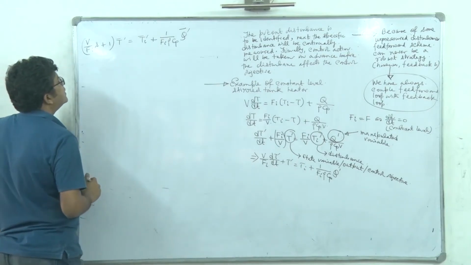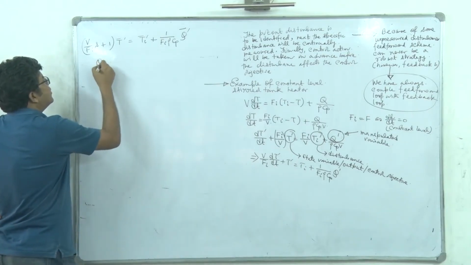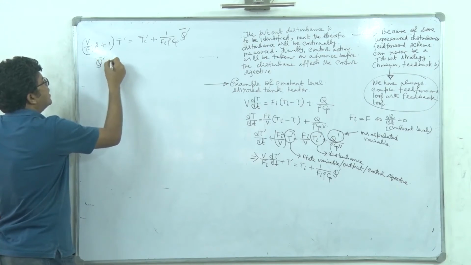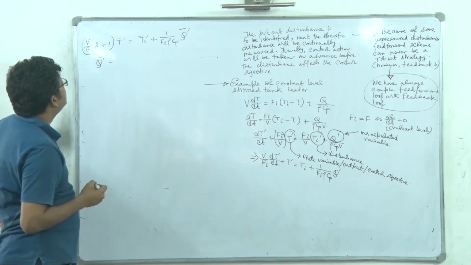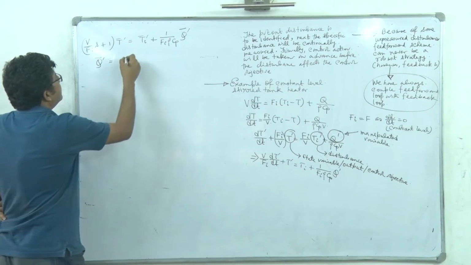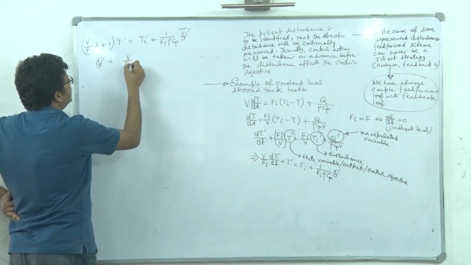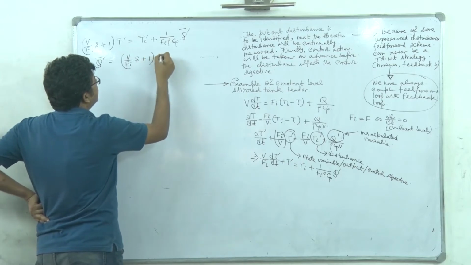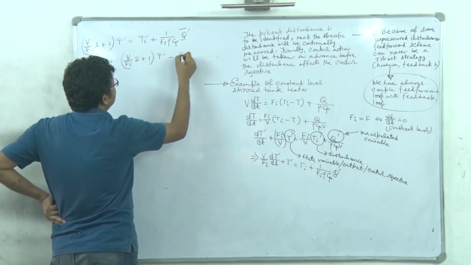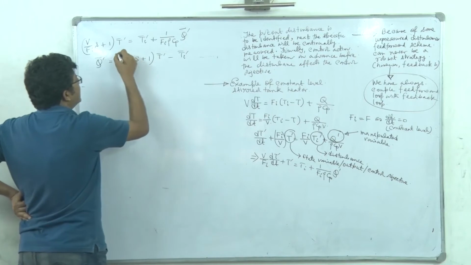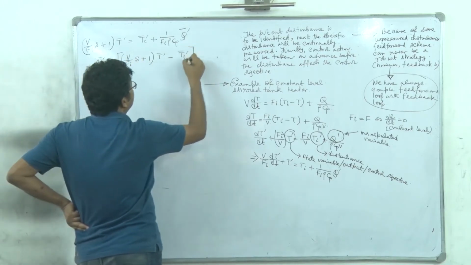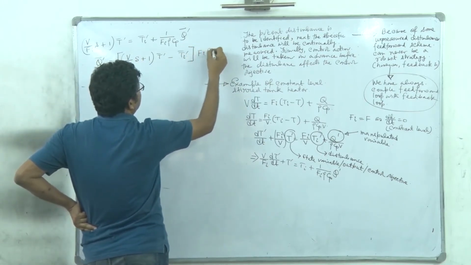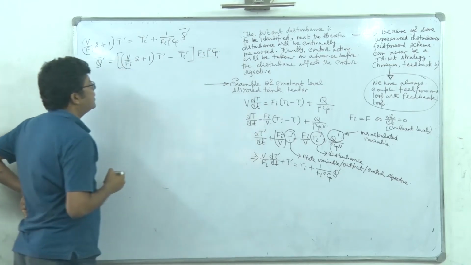So you see this manipulated variable Q prime bar is equal to V by Fi s plus 1 into T prime bar minus Ti prime bar, whole bracket, into Fi rho Cp, right?